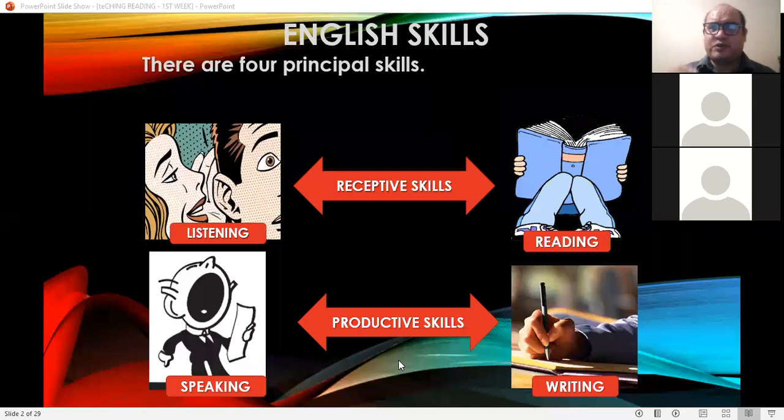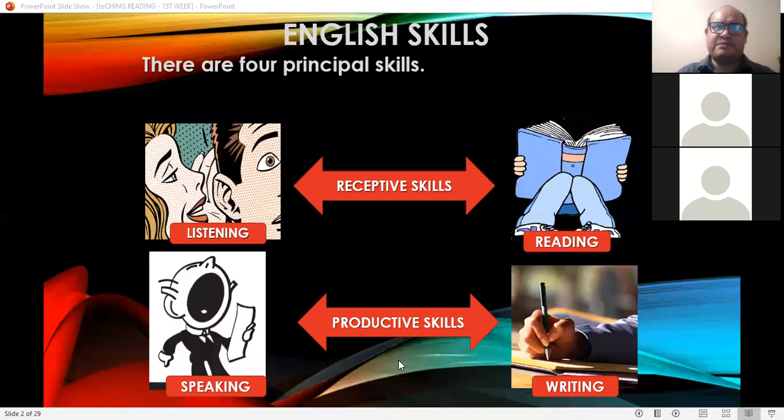So here we have these four principal skills, and we are going to categorize them into receptive and productive skills. Receptive, listening and reading. Productive, speaking and writing.